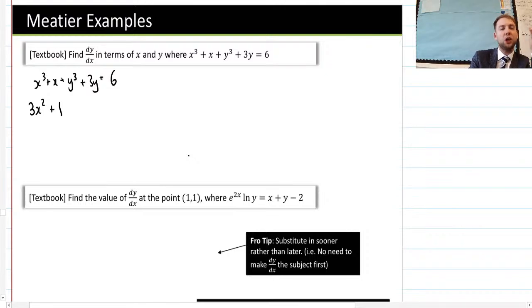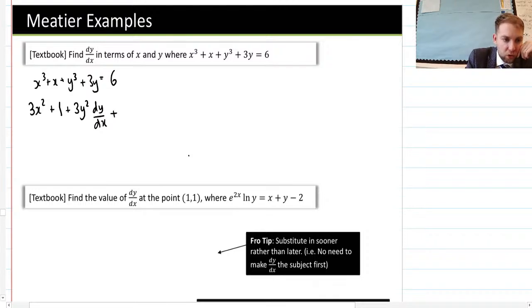Now these y cubes and y squareds are the ones which are a little bit trickier because we need to differentiate them using the chain rule. So the y cubed, you differentiate the cubed first, then you differentiate inside that and differentiate the y. So if I differentiate the cubed first, you bring the 3 down, so it's going to be 3y squared times by dy by dx, like so.